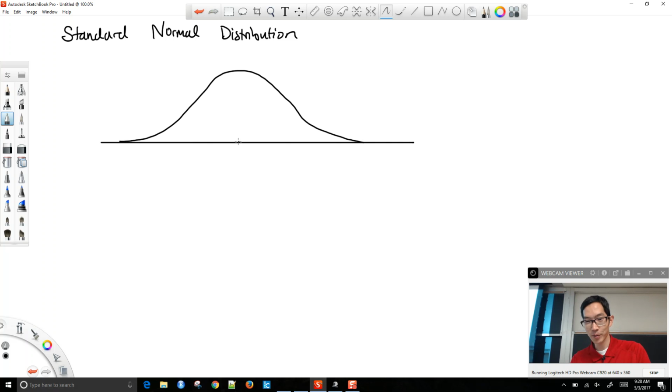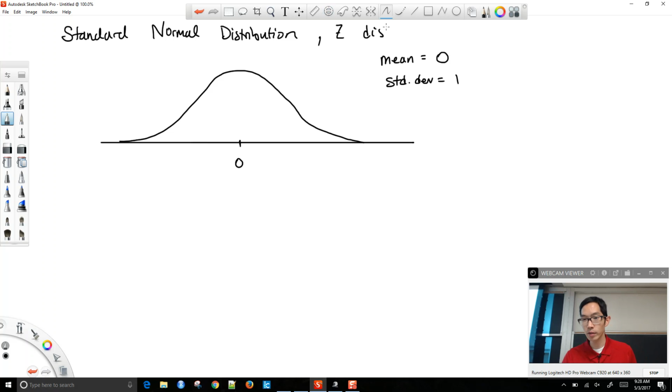Okay, so this is our standard normal distribution. The mean for the standard normal is equal to 0, and the standard deviation is equal to 1. This is also called the z distribution, by the way.